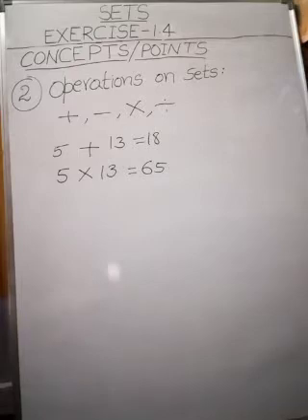Henceforth, we will refer to all our sets as subsets of some universal set. Okay, my dear children, we start the operations on sets. The first one is union of sets. We define the union of sets first. Okay, my dear children, right.